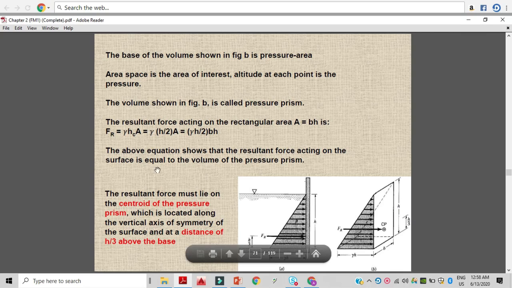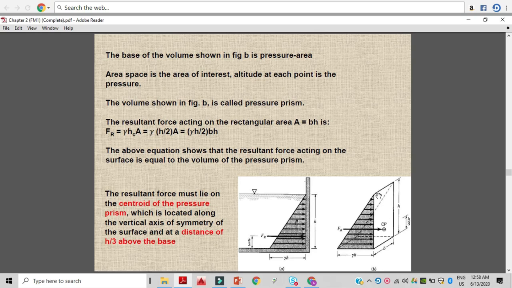We know that the net resultant force in the case of a non-uniform pressure distribution is equal to gamma HC into A, and for HC, from the centroid, the height is H, so it is H by 2 into the area. So finally we can write gamma into H by 2 into B into H. The above equation shows that the resultant force acting on the surface is equal to the volume of the prism.